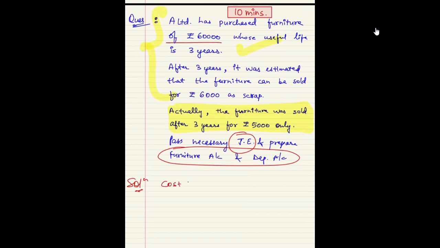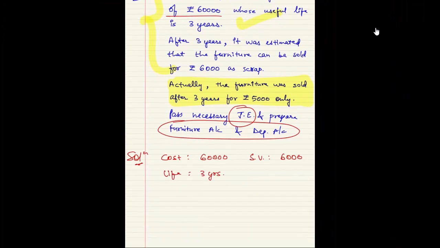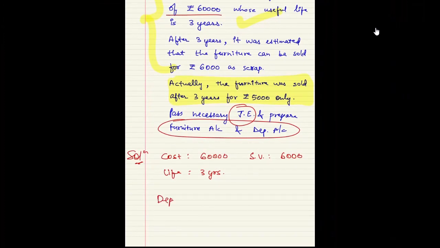Furniture costs rupees 60,000. Scrap value which is estimated is 6,000, and life is 3 years. For depreciation as per the SLM method, I have taught you only one method right now. In the SLM method, we have cost minus scrap value divided by the life.